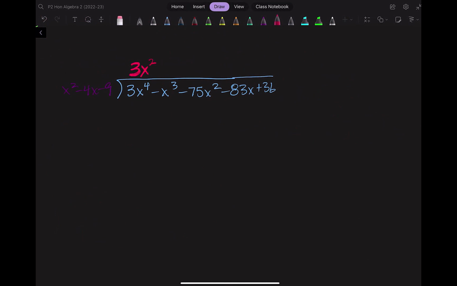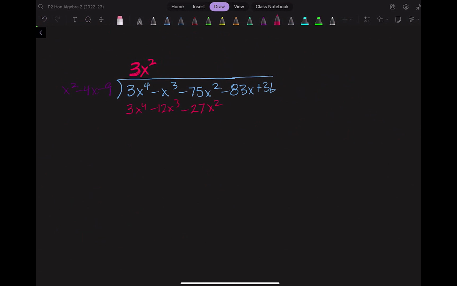And once I get the 3x squared, I'm going to multiply this by all 3 of the terms and write them underneath here. So 3x squared times x squared gives me 3x to the fourth. 3x squared times negative 4x is negative 12x cubed. And 3x squared times negative 9 should be a negative 27x squared.